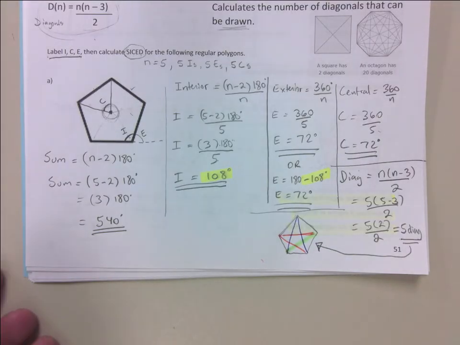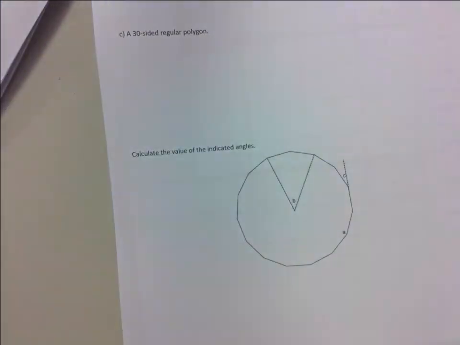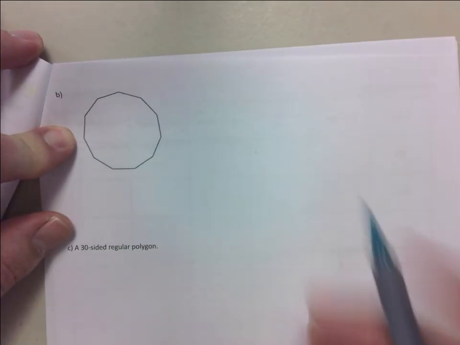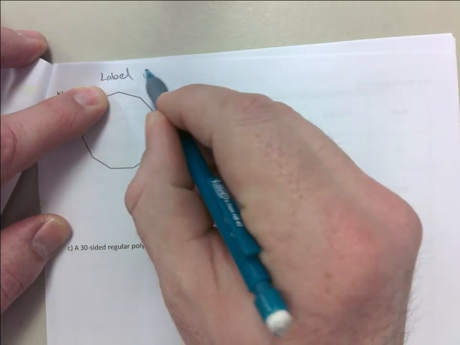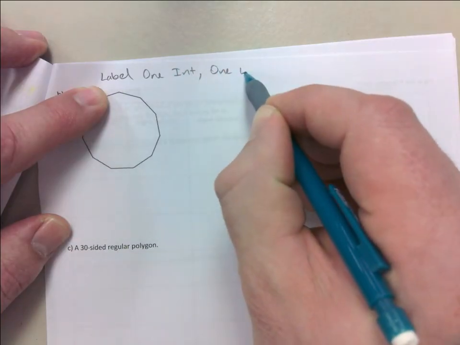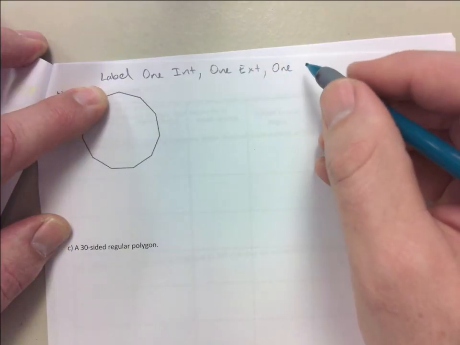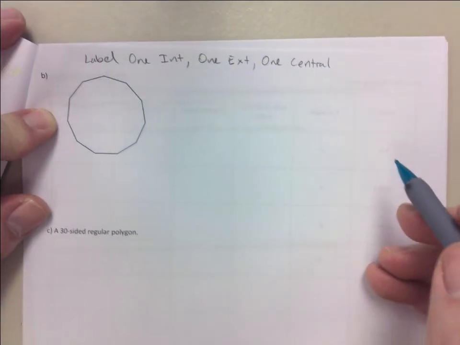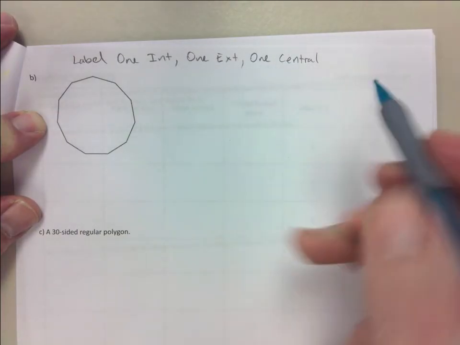So for now, if you go to page 52, I will just ask you to focus on B. So I want you to label one interior, one exterior, one central. Write this down, please. So label one interior, one exterior, one central.